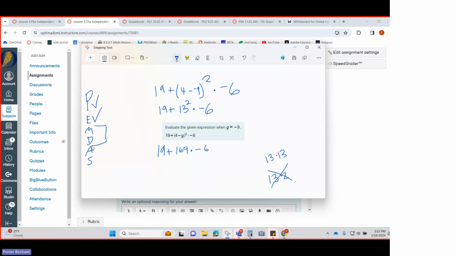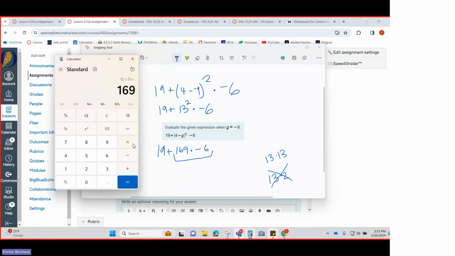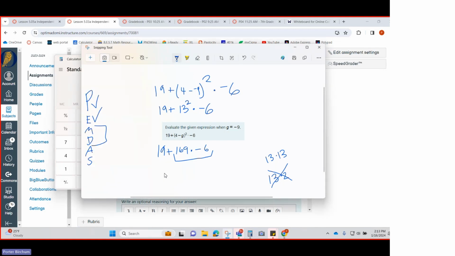Now, do you see any multiplying or dividing? Yes, we do. So multiply comes before add on PEMDAS. So we multiply first. What is 169 times -6? -1014. So we have 19 plus -1014.